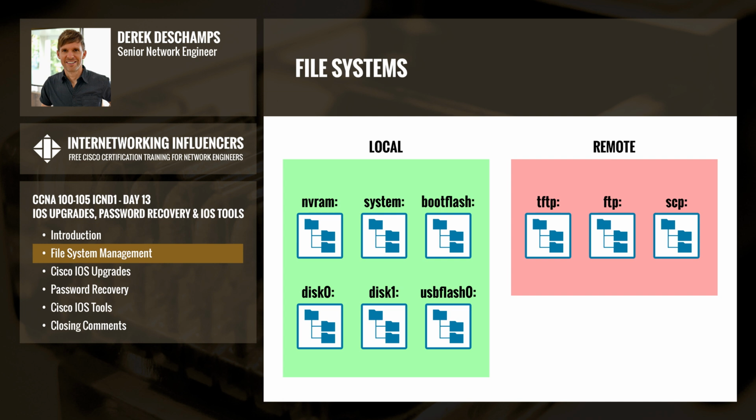Each file system is assigned a prefix that can be used to access the file system when using Cisco IOS commands. For example, the file system that is located on NVRAM can be accessed using the prefix NVRAM:, while a file system located on a TFTP server can be accessed using the prefix TFTP:.